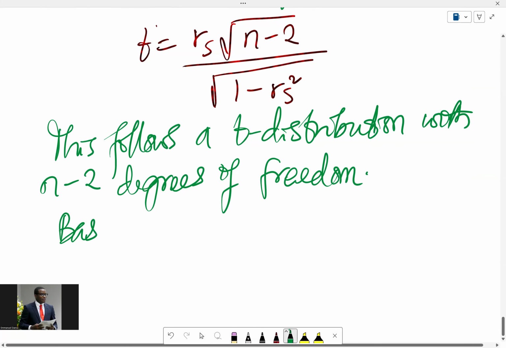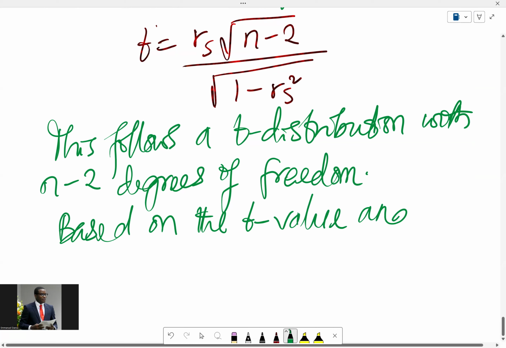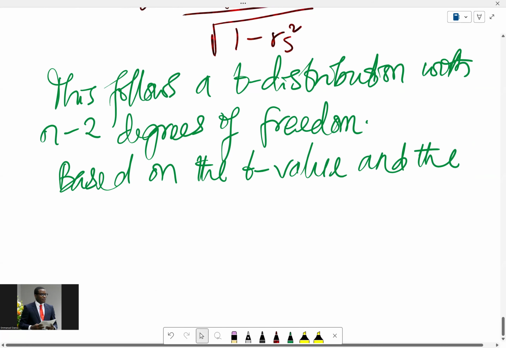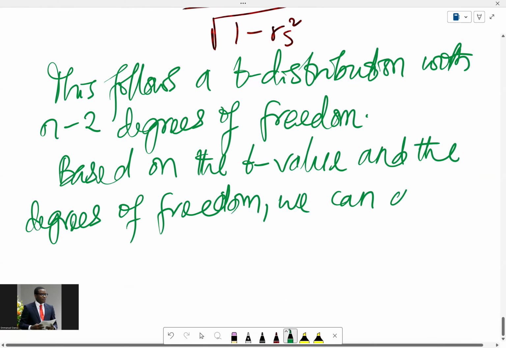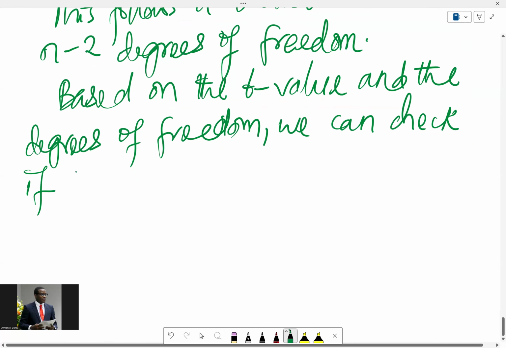So based on the t value and the degrees of freedom, we can check if the correlation is significant.